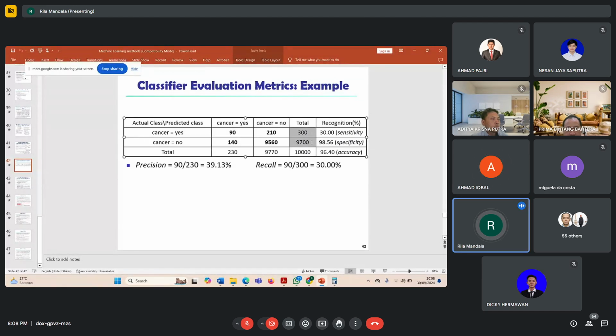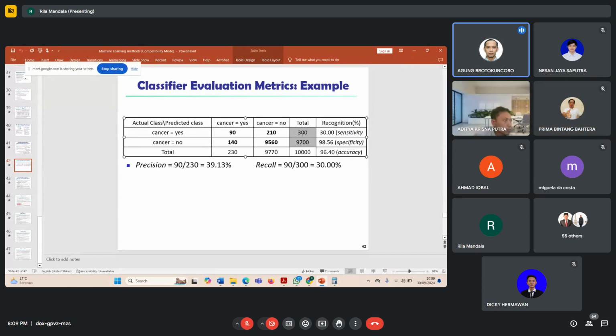The result, of course, depends on the machine learning method that we use. Okay, back again to my question. Can you suggest the quickest way to make it balance with this imbalanced data? Reduce the data, sir.